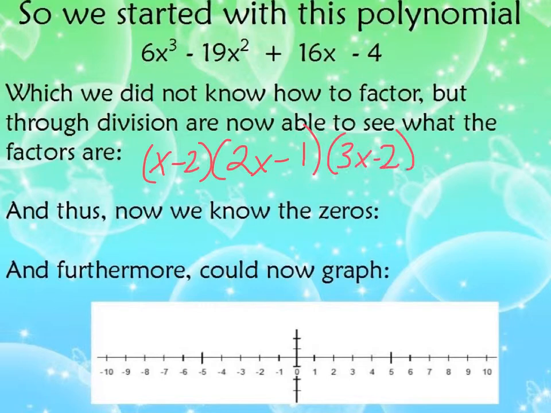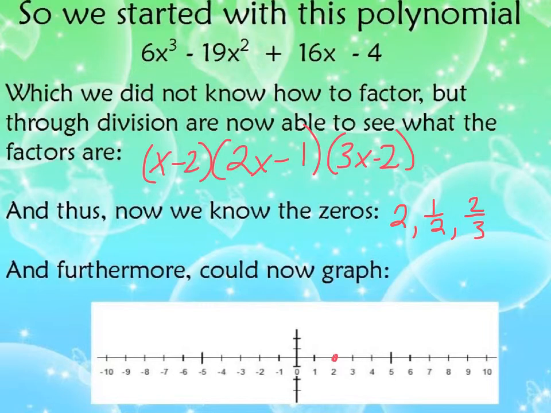If those are our factors, then actually we know the zeros. So the first one would get us a 0 at 2, and then the next one would be at 1/2, and the last one would be at 2/3. So by being able to get those factors some other method than factoring, we can figure out our zeros, and this kind of takes us back to that packet that you've been working on.